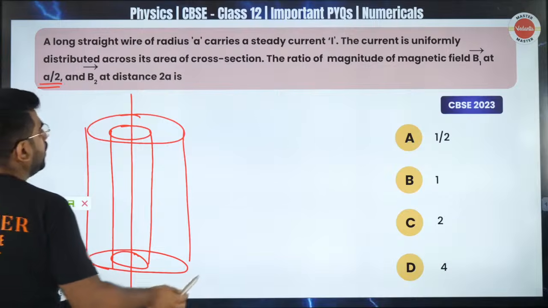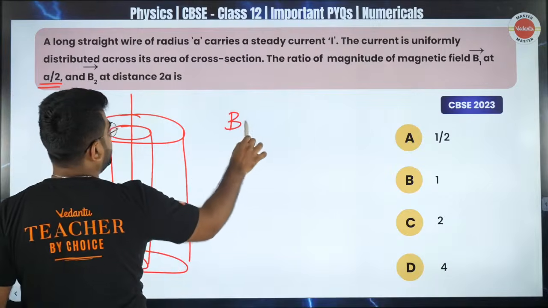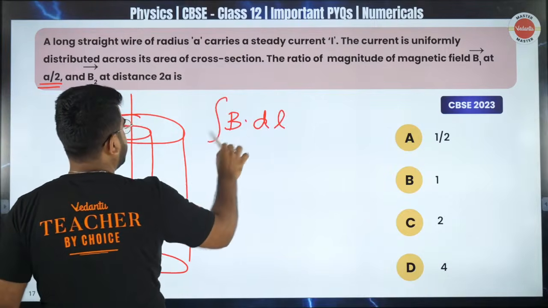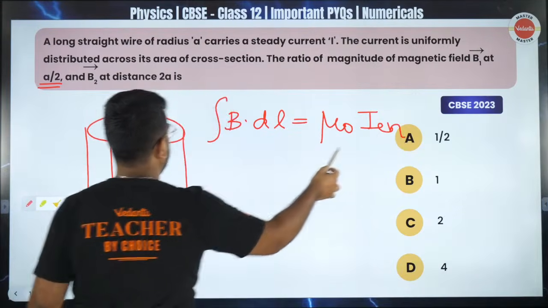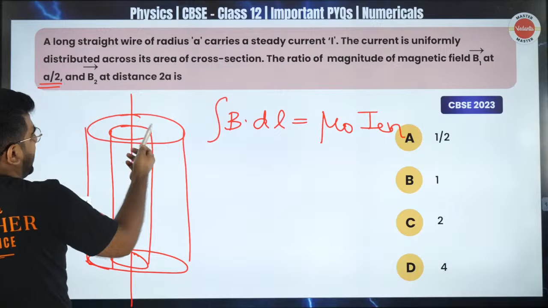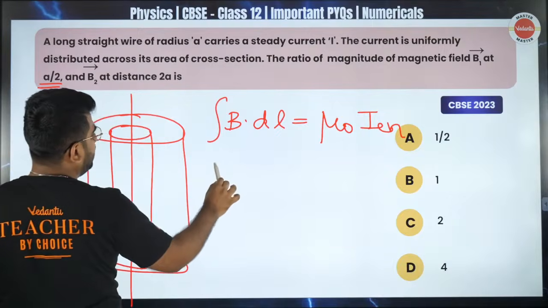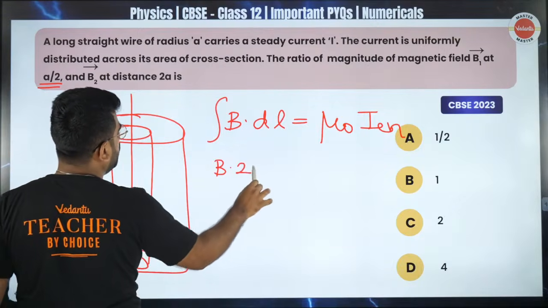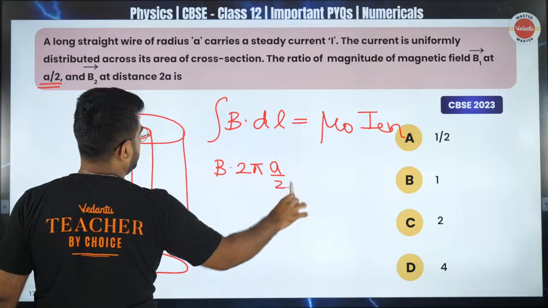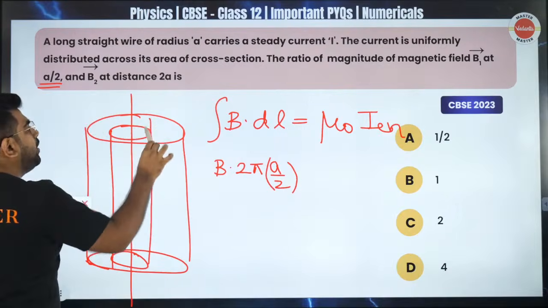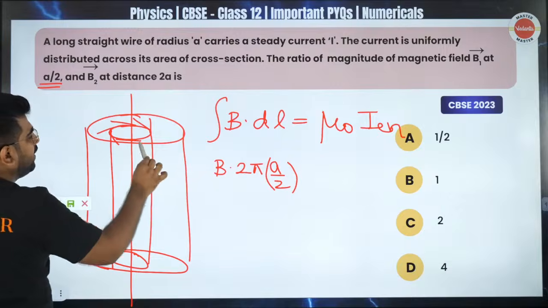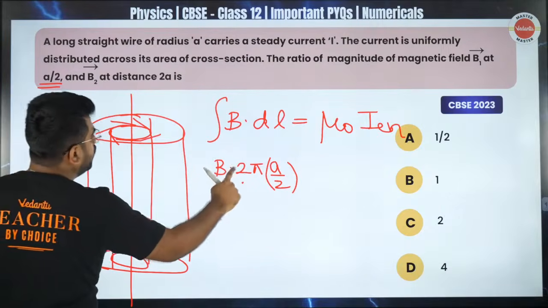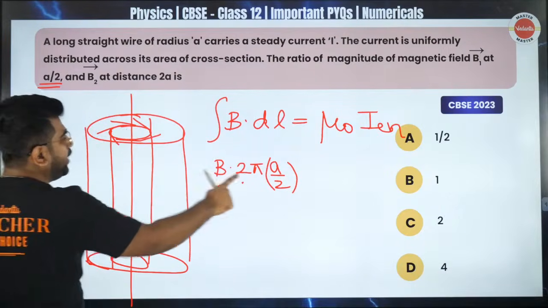The integral of B dot dl is mu naught into I enclosed. The magnetic field will be radial at all points, so B dot dl will be B into the circumference, 2 pi into radius A by 2.